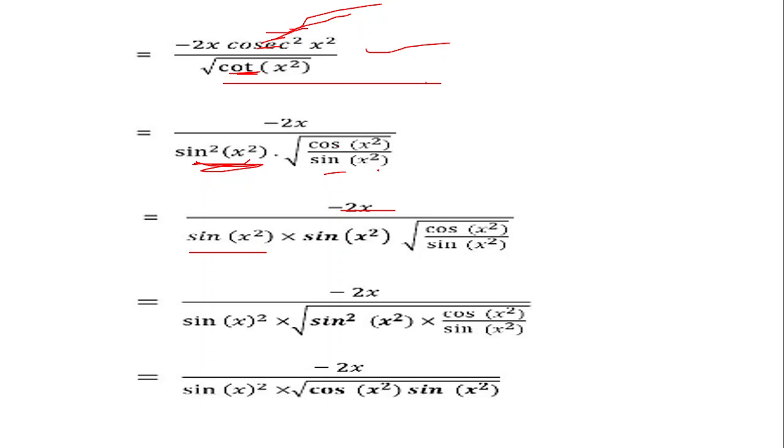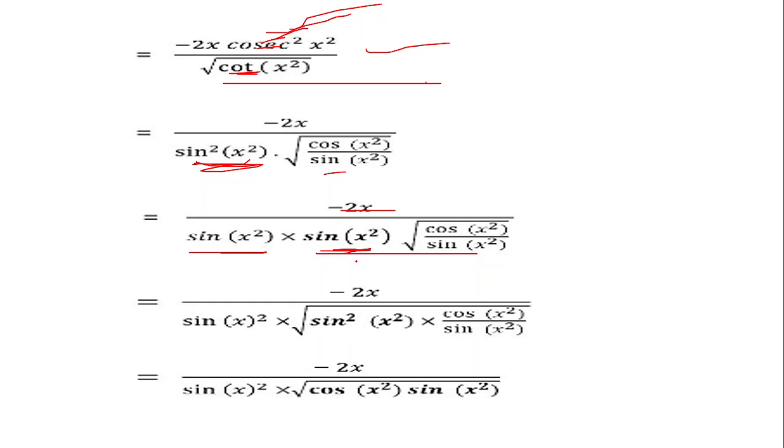Now how can I write this one? Sine square of x square can be written as sine of x square into sine of x square, two times of that, into cos of x square by sine of x square. If I shift this inside, it becomes a whole square, because it is the square root of this and whole square.